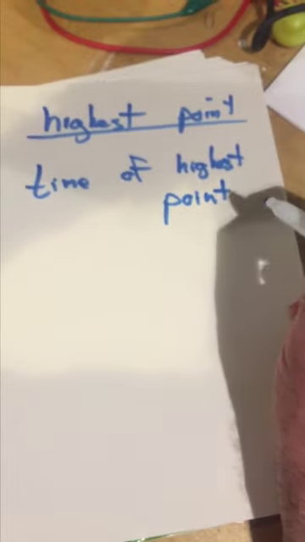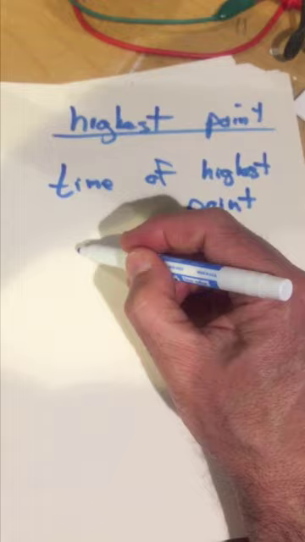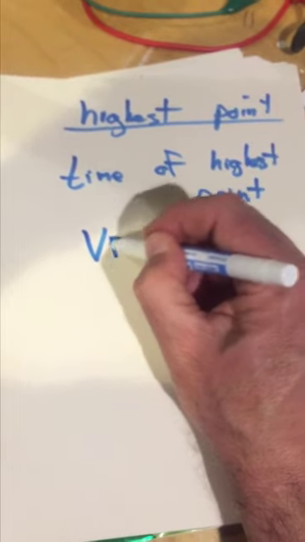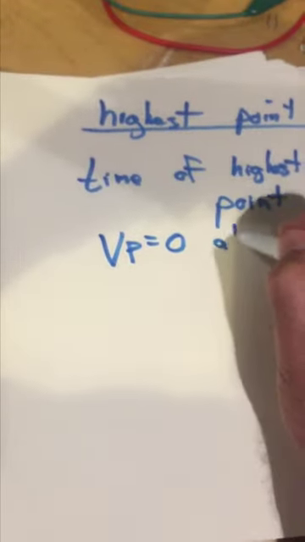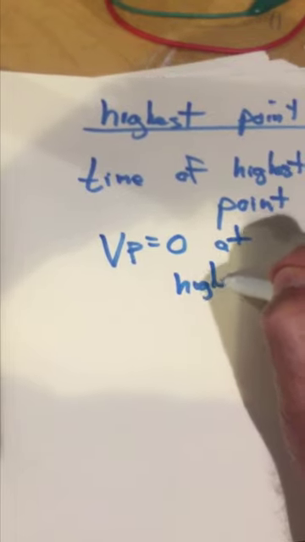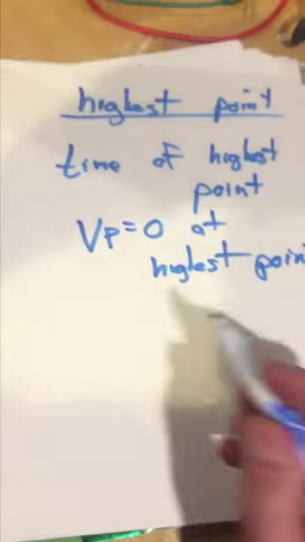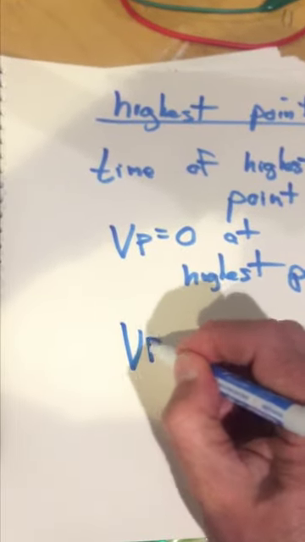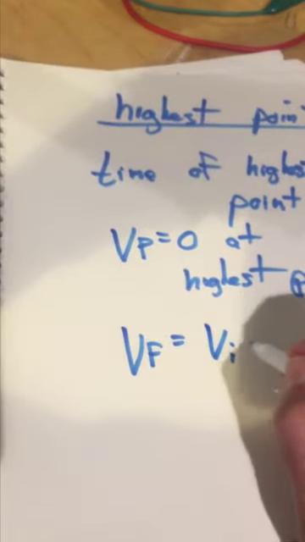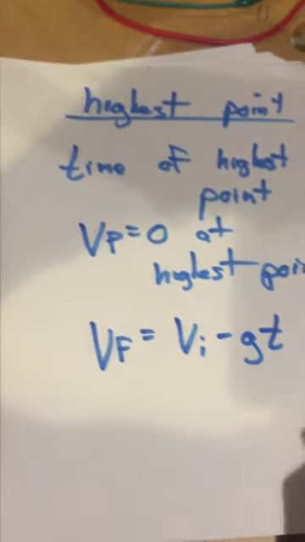So I could do it this way. I can say, well, at the highest point, V_f equals 0. All right, so if that's true, I can say, okay, V_f equals V initial minus g times t.